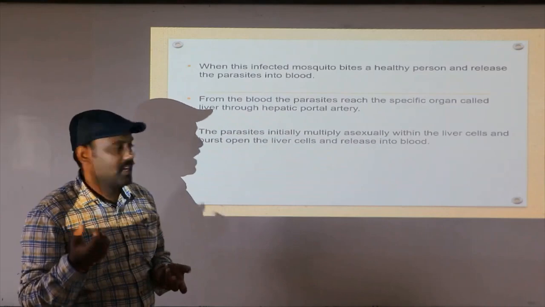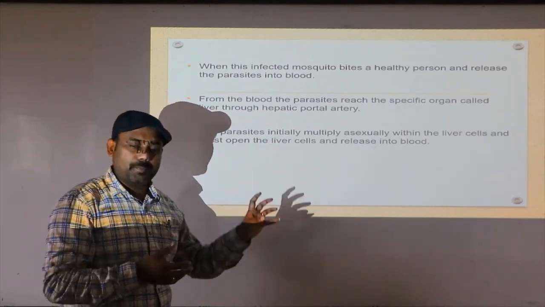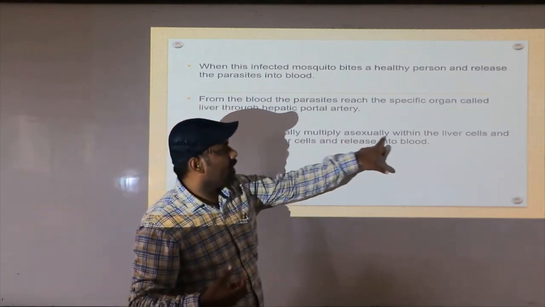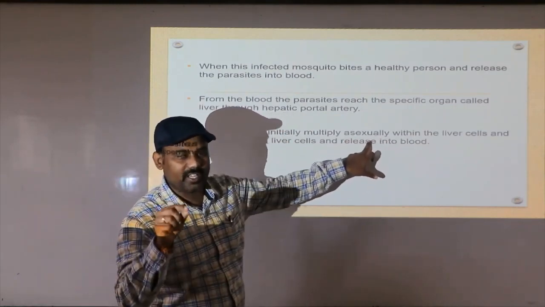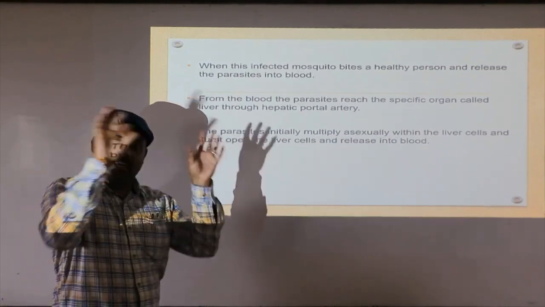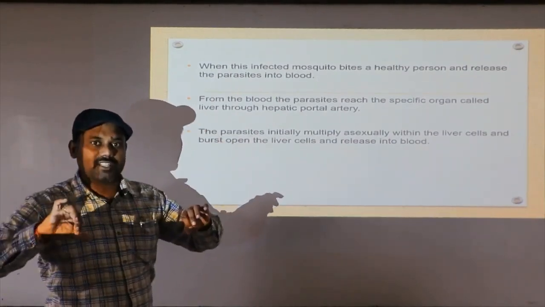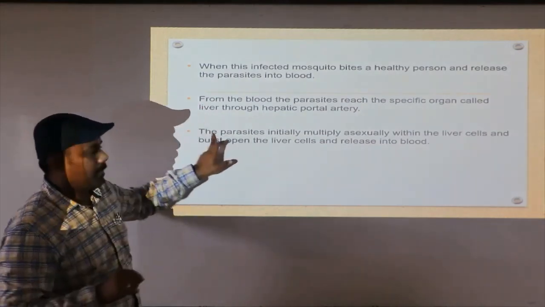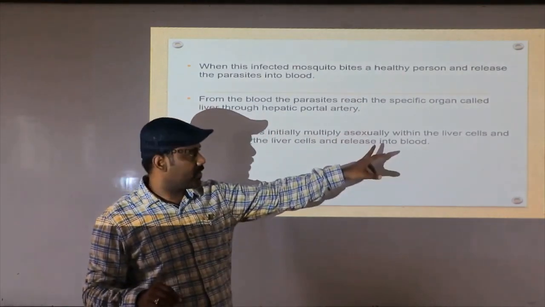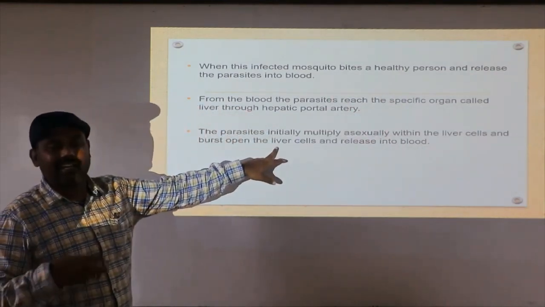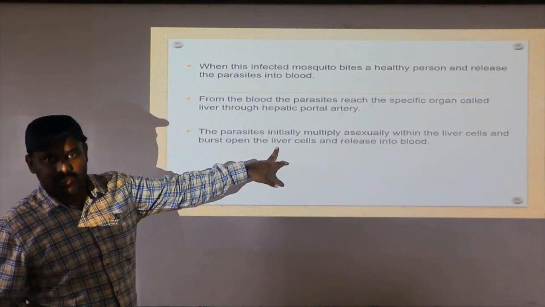Within the liver cells, these sporozoites undergo rapid multiplication asexually, and finally they burst open the liver cells and come out of the liver and are released into the blood.